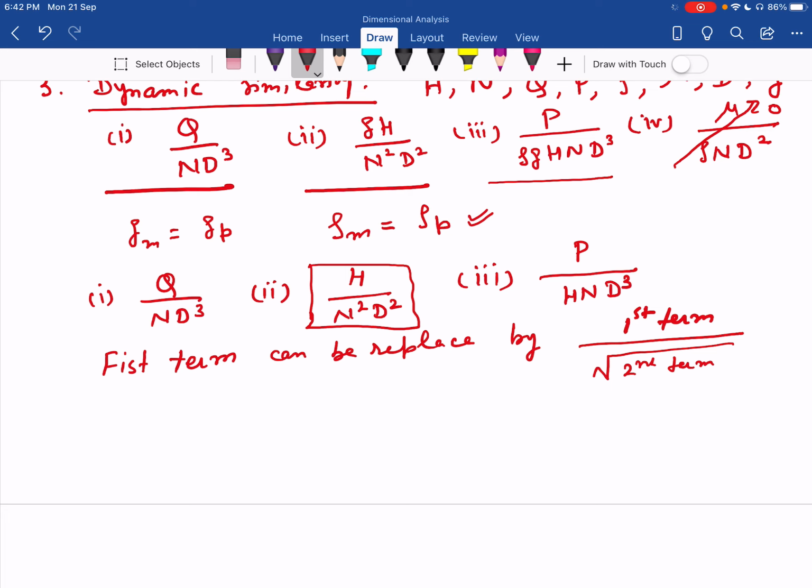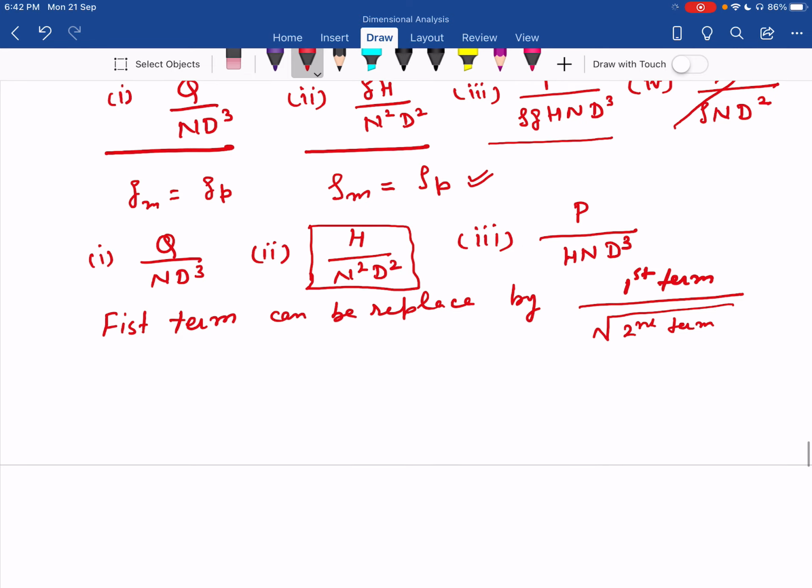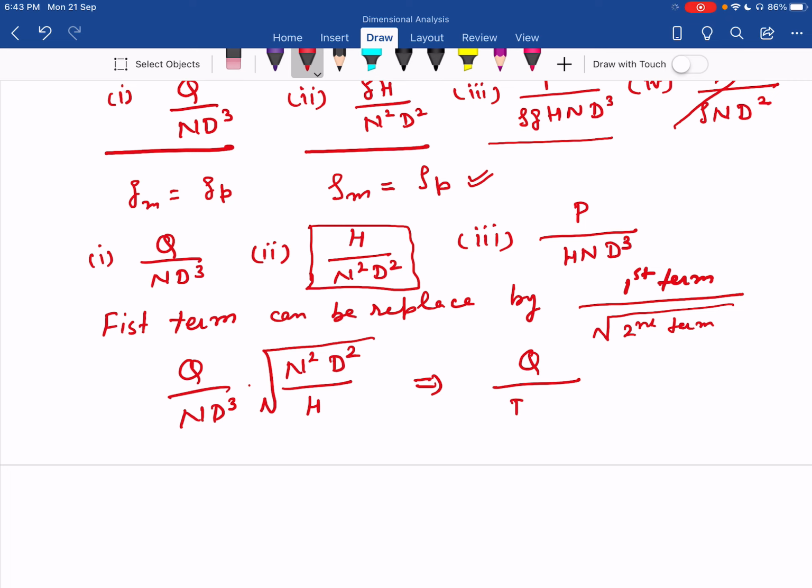We replace the first term by the first term divided by under root of second term, so that we can write it as q upon n d cube into n square d square upon h under root. So this becomes q upon d square under root of h. This is now our first term.